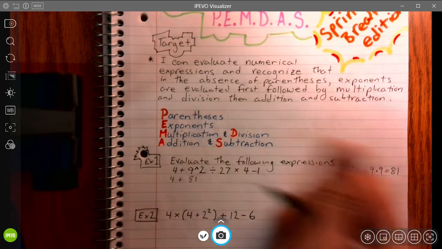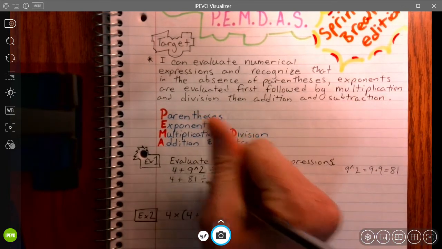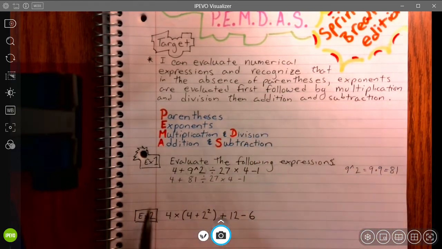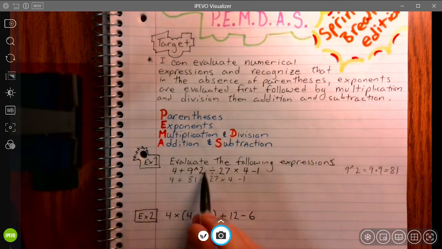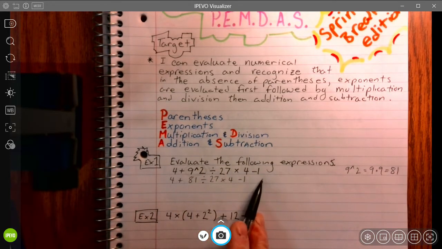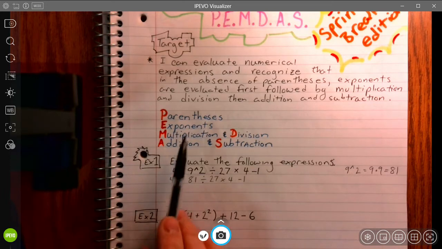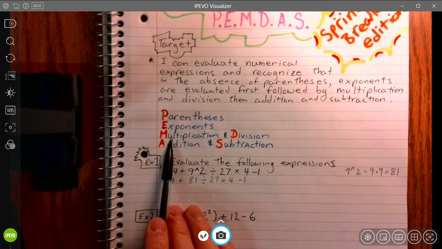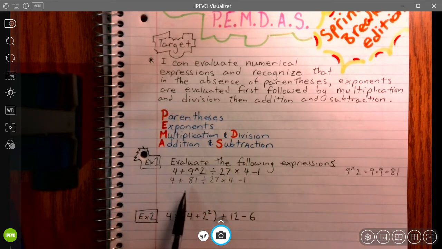So now we have 4 plus 81 divided by 27 times 4 minus 1. Notice how after I simplified the exponent, I just copied down the rest exactly how it was shown in the original problem. Next, I'm going to start all over. Are there parentheses? No. Are there exponents? No. Is there multiplication or division? Yes. Now notice, I'm going to divide first.